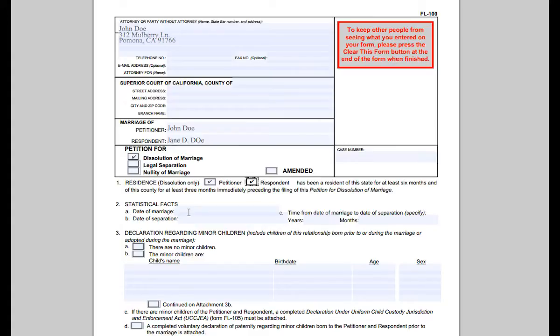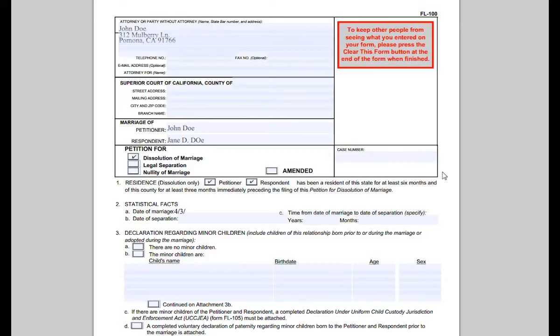For number 2, write the date of marriage and the date of separation. The date of separation is when you realized the relationship is not going to work out anymore and it's time to move on. So let's say that the date of marriage for John Doe is April 3rd, 2002.